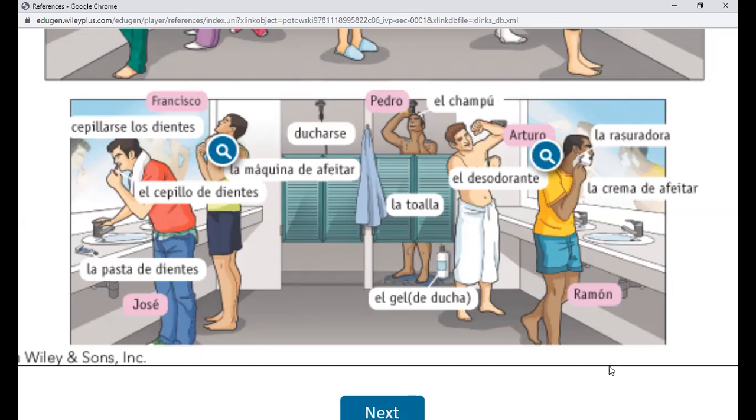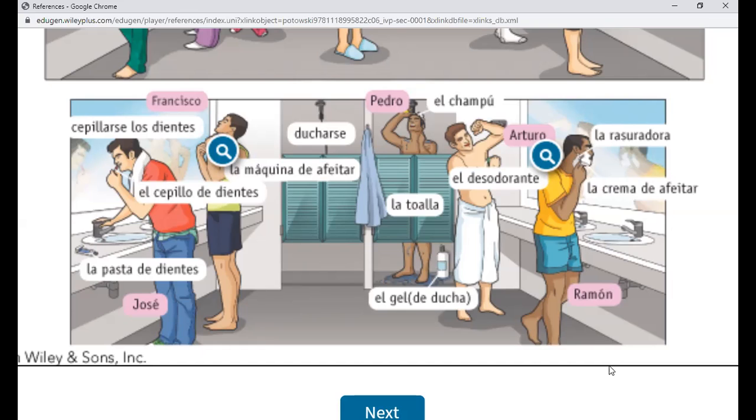Después, ajá. Yo me cepillo. Cepillo de dientes. Después me cepillo con el cepillo de dientes, with. Muy bien. Oh, boy. Después, I hear bonus there. Yo me.